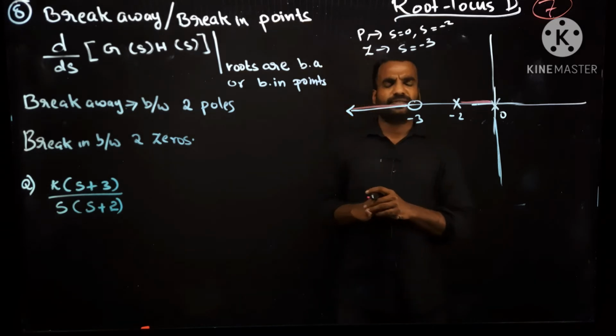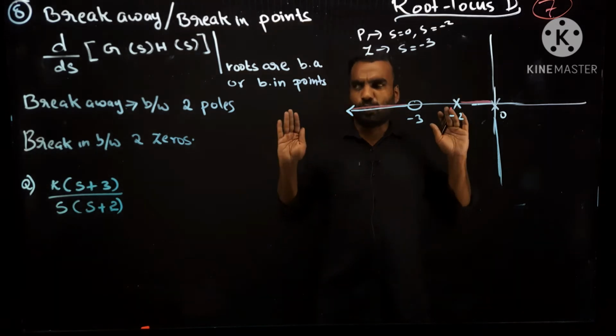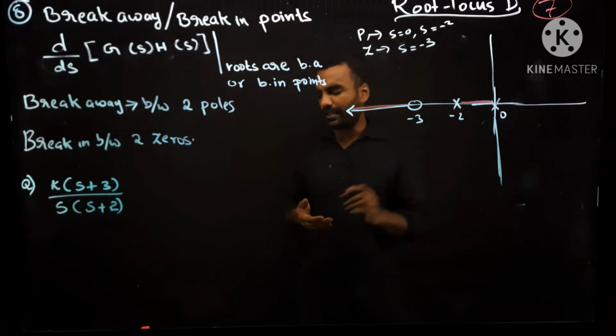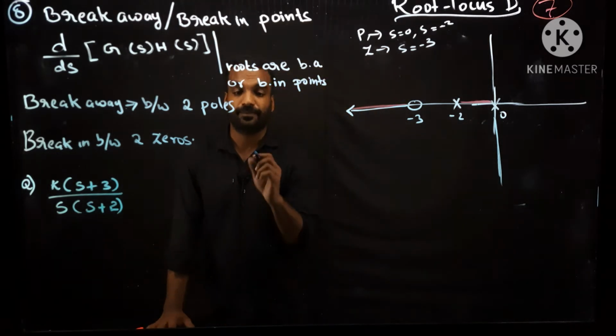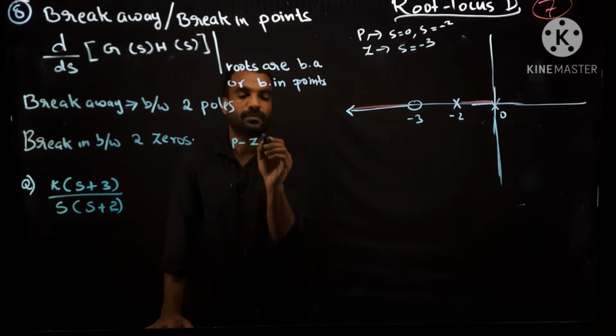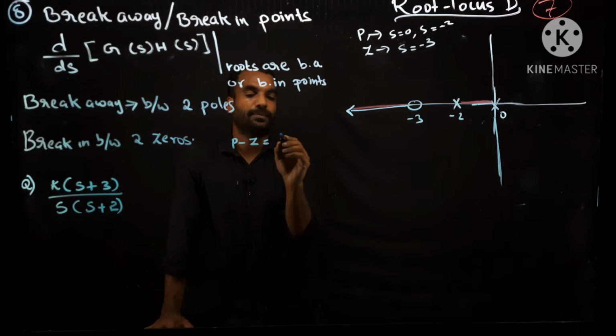But still, if we are following our rules in number order, we have to calculate P minus Z. P minus Z is the number of poles minus the number of zeros, that is 1.